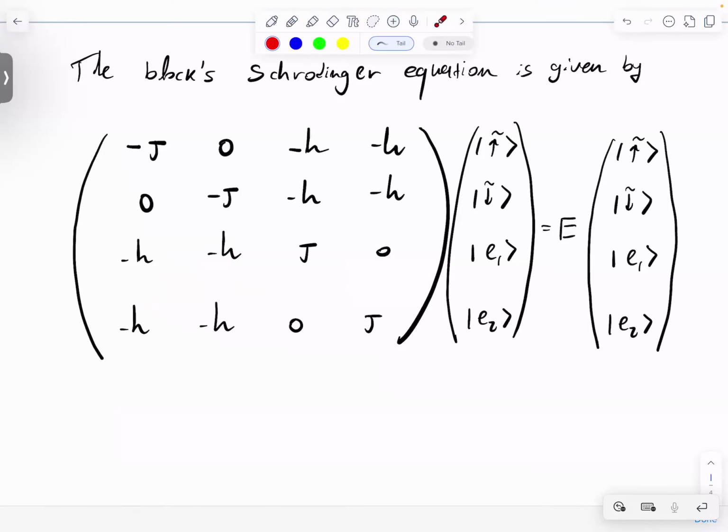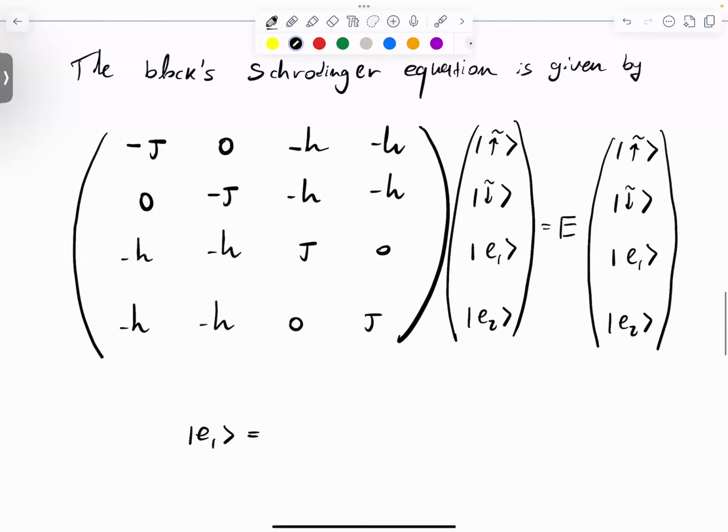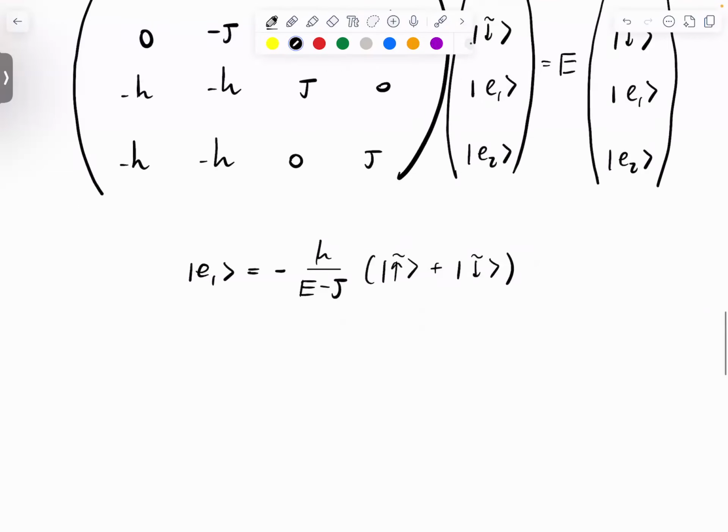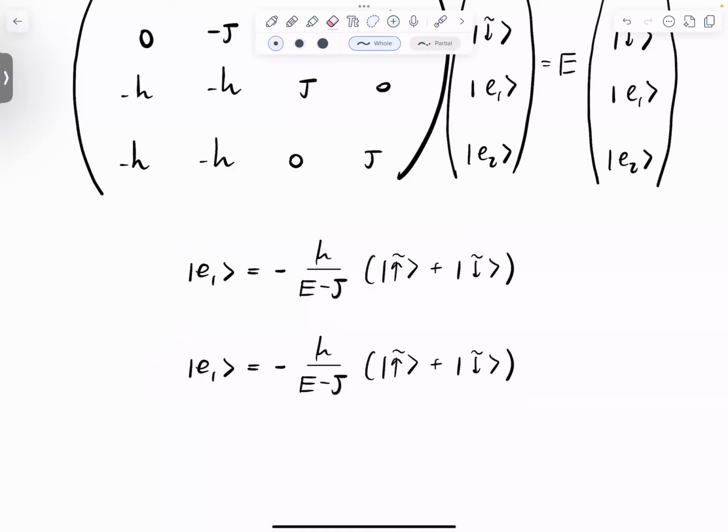It's very straightforward to obtain: if I solve the last two rows in this matrix equation, I can isolate these excited states, and I find that they're equal to minus H over E minus J times up tilde, and the same thing for the excited state 2.